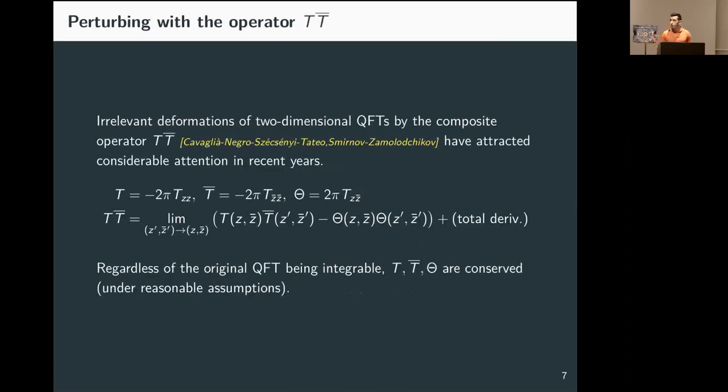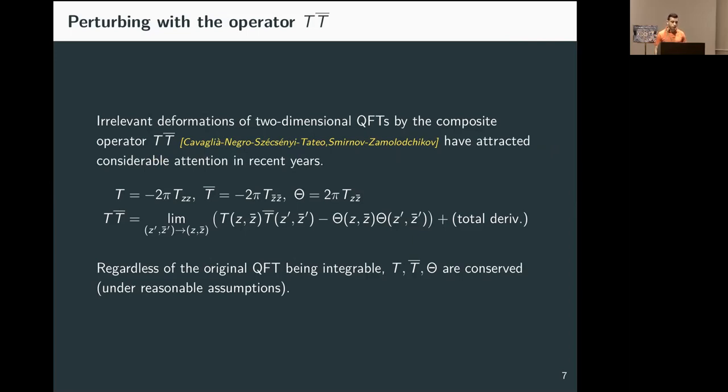In this context, irrelevant deformations of 2D quantum field theories by the composite operator TT-bar have attracted a considerable amount of attention since the work of these 2 groups back in 2016. This operator is defined essentially as the determinant of the stress-energy tensor in 2D and with complex coordinates, with point-splitting regularization and also up to total derivatives.